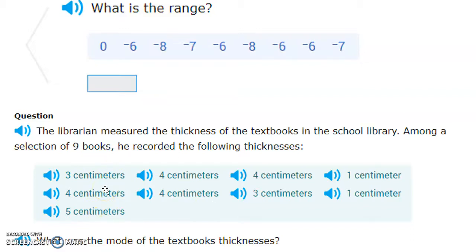For right now, I'm just going to record these data points. I've got a 3, and I'm going to go down: 4, 5, 4, 4, 4, 3, 1, 1. Now I have all of my data points written down.